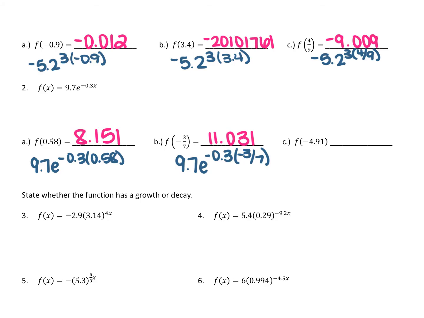For C, you're plugging in negative 4.91 for x. So it's going to give you 9.7 times e to the power of negative 0.3 times negative 4.91. So again, you plug this into your calculator, round to 3 decimal places. It gives you 42.314.